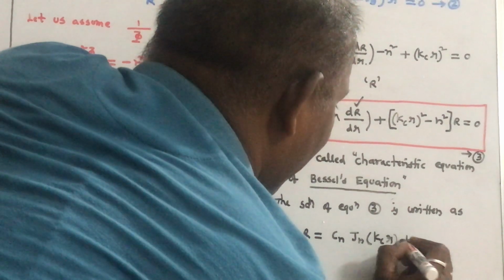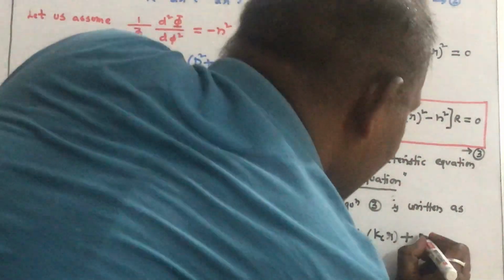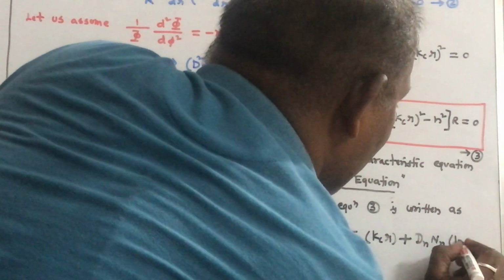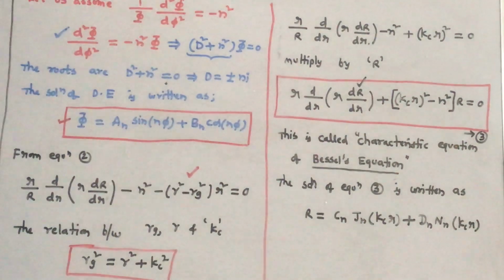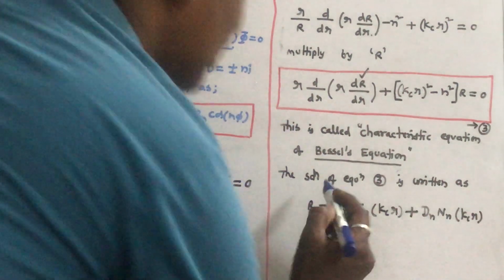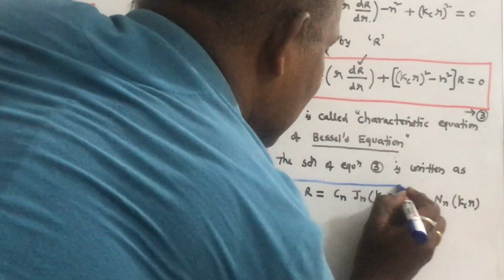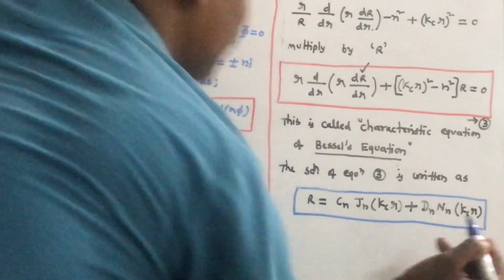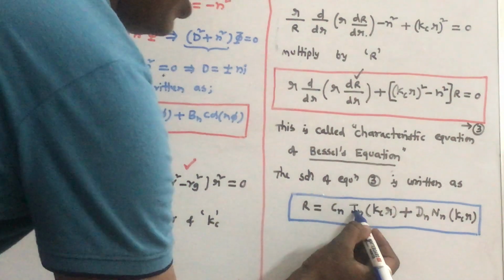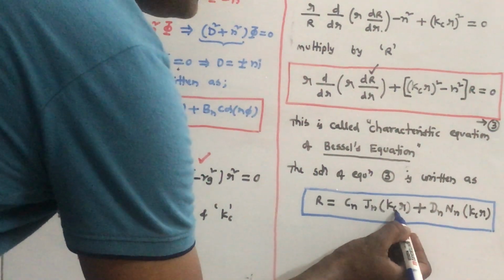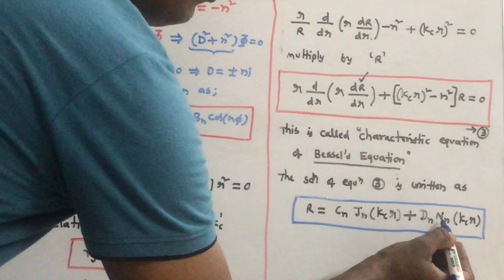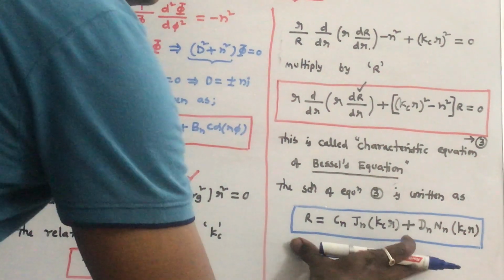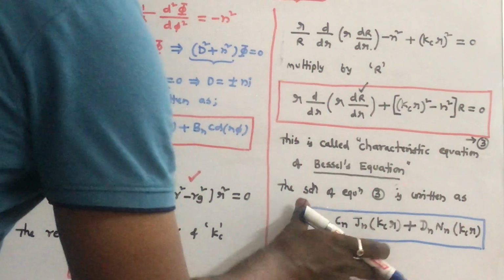This solution is very important. Here Jn of kc r is the nth order Bessel's function of first kind, and Nn of kc r is the nth order Bessel's function of second kind. We will discuss these terms, Jn and Nn, in the next lecture.